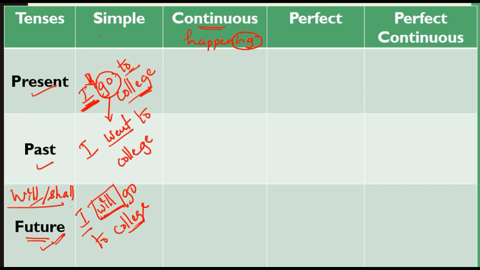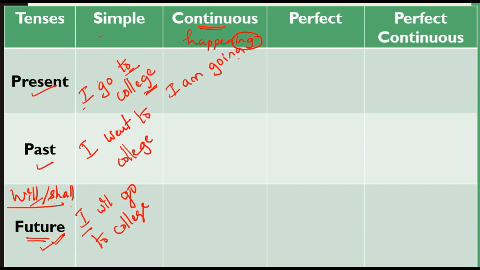So if I ask you the question, hey, what are you doing? And if you have to convert the sentence, I go to college, to this particular version, definitely you will come up with the answer, I am going to college. Whenever you answer the question, what are you doing? What is she doing? What is he doing?